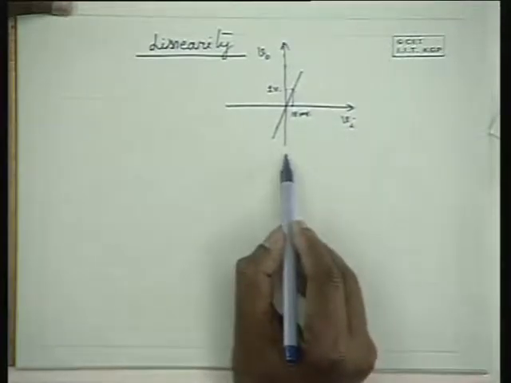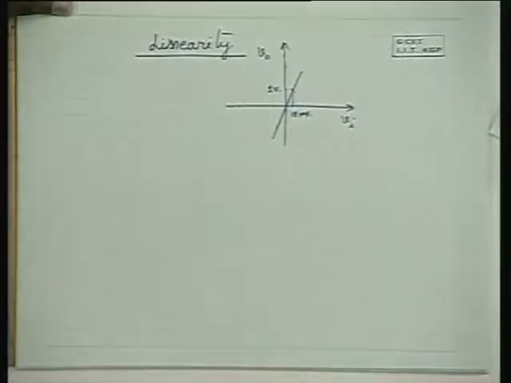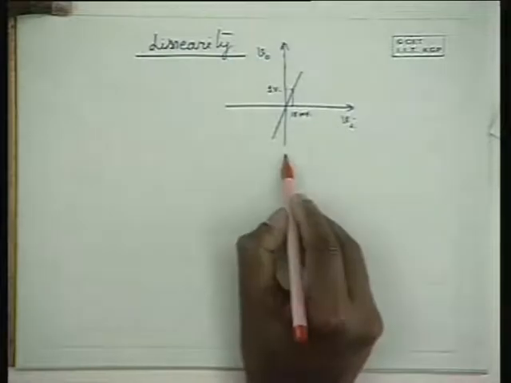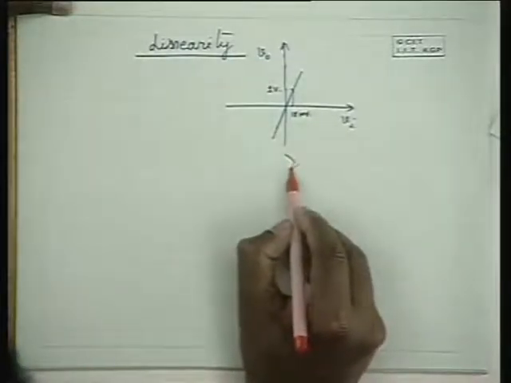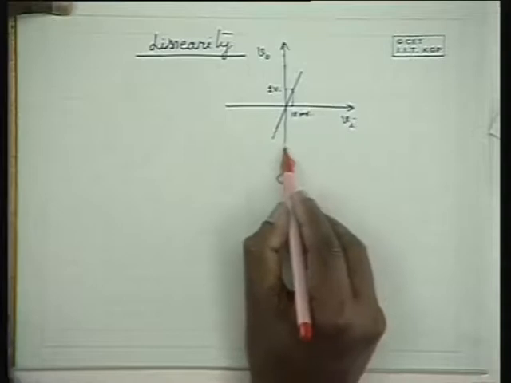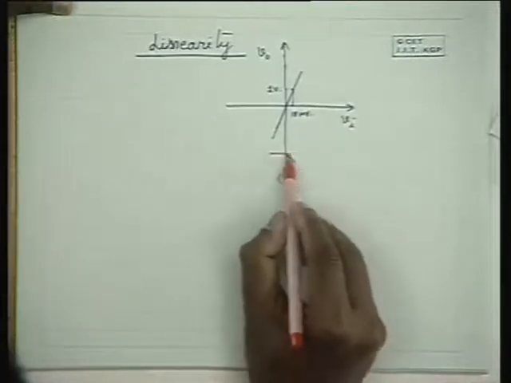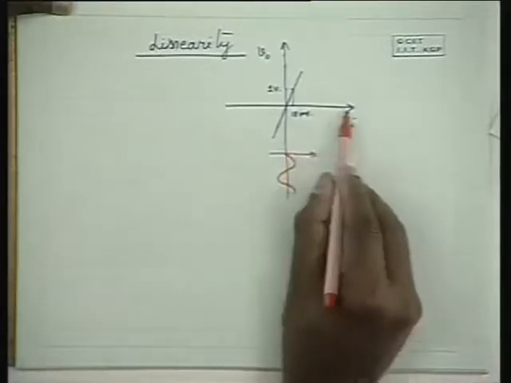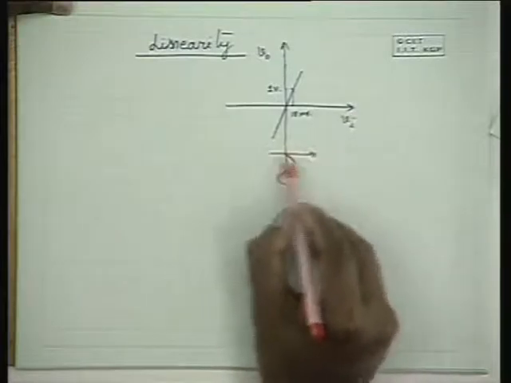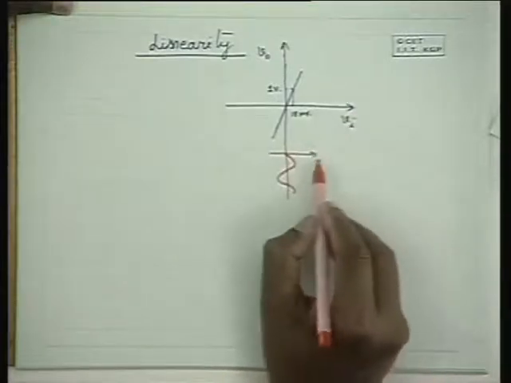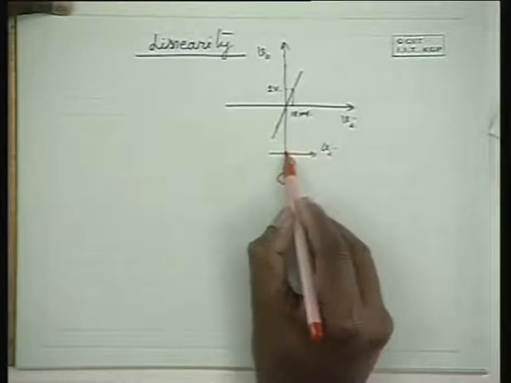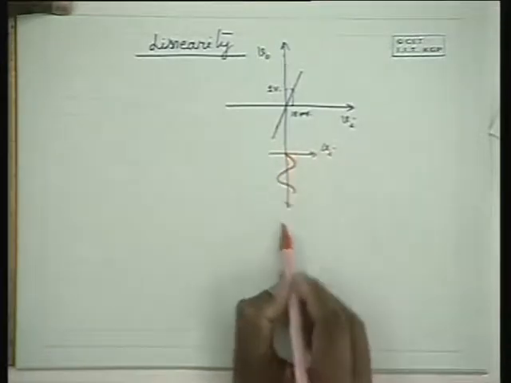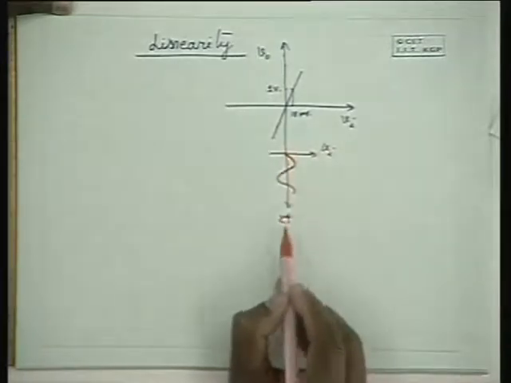If you apply a sinusoidal signal here for such a device, what is this axis? This axis is VI, input voltage axis. And I am introducing the time axis here, time.